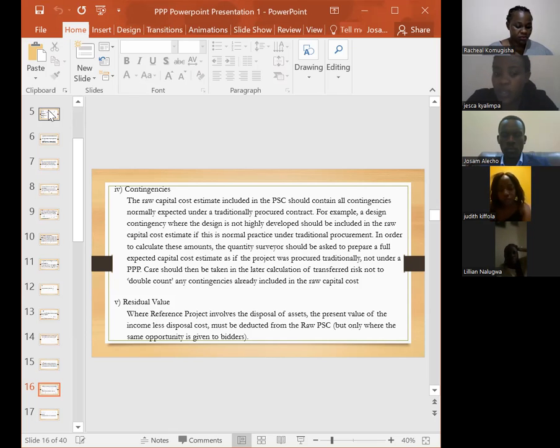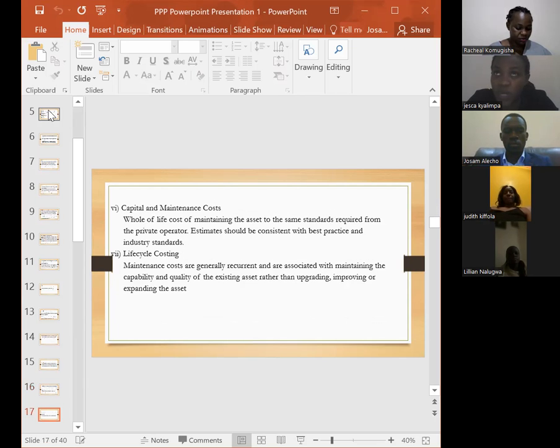under PPP. The other costs that should be considered when determining the capital and operating cost are employee costs, and these could be directly or indirectly involved. For example, there are those employees who are involved in the provision of that service or delivering that project, and there are those that are not directly involved in that project.